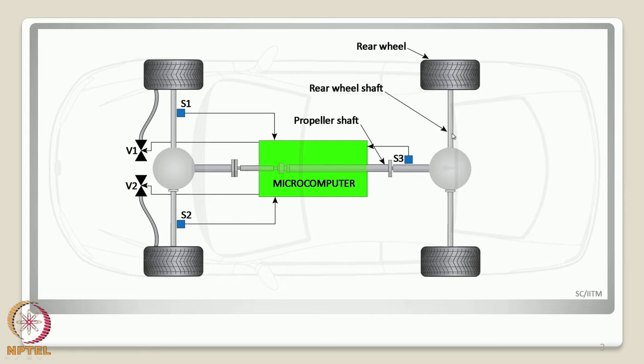Therefore, the shock which is expected to happen on the car because of the sudden brake applied on the driving shaft will be released, because the valves will open and the braking energy will be relaxed and released, and then the driving shaft will receive less retardation because of the applied brake. Subsequently, when the brake comes to normal position, the sensors S1 and S2 react and feed back to the computer, and the microcomputer again closes the valves V1 and V2 through the sensors S1 and S2, and the vehicle goes ahead.